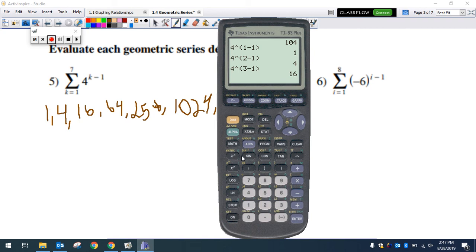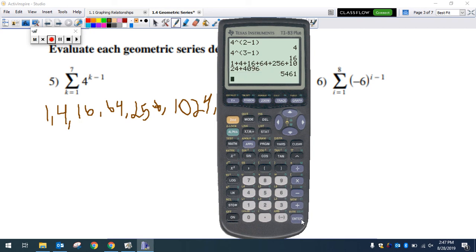And then again, to evaluate, that just means add them all up. So I would do 1 plus 4 plus 16 plus 64 plus 256 plus 1024 plus 4096.